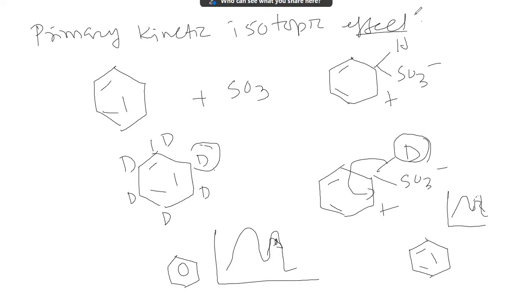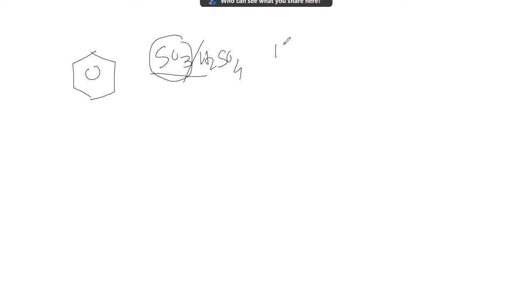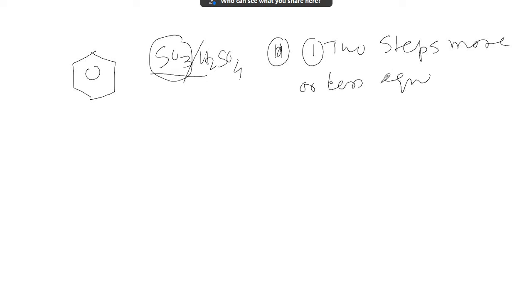Now, a revision of what we told so far. Sulfonation, its difference from other substitution reactions. Why the difference of sulfonation from other groups? The reagent is SO3 as an electrophile, because positive charge is induced on it, because oxygen is more electronegative than sulfur. In this case, two steps: step number 1 and 2 are more or less equal in energy.